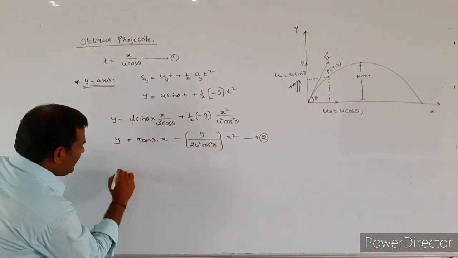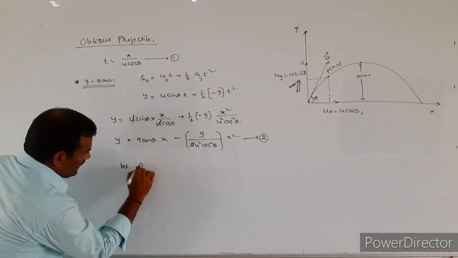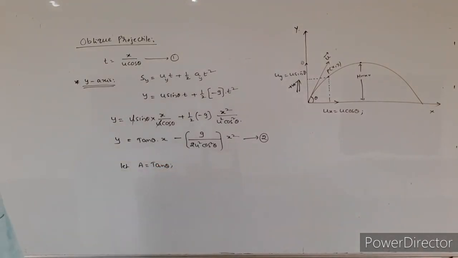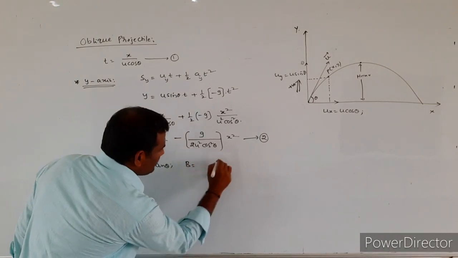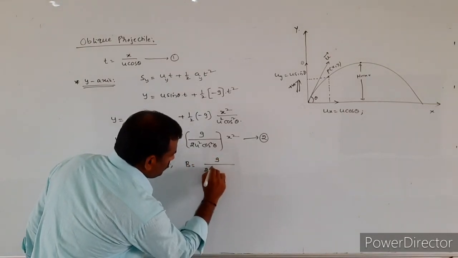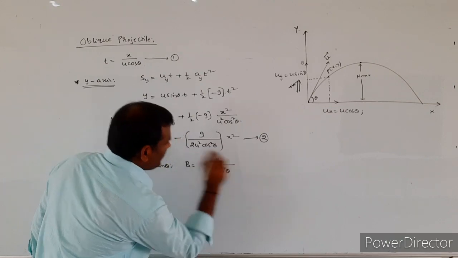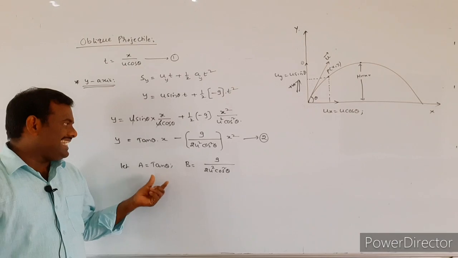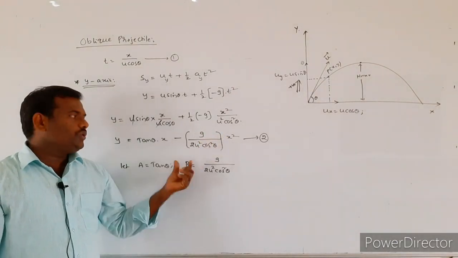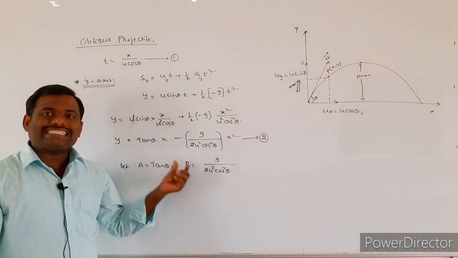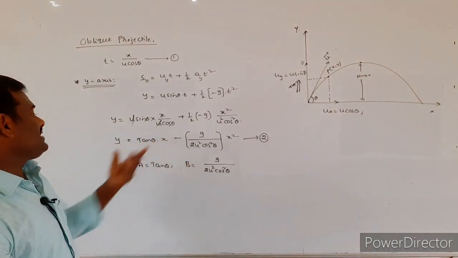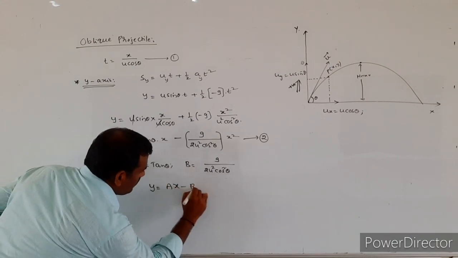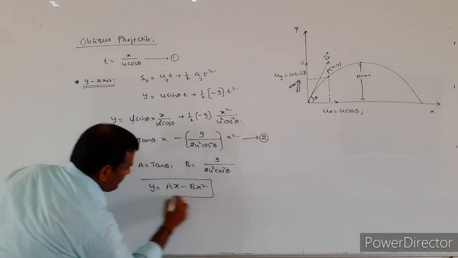Now let us assume capital A is equal to tan theta, and capital B is equal to g by 2u square cos square theta. If you substitute these values here, the final equation you get is y is equal to ax minus bx square.